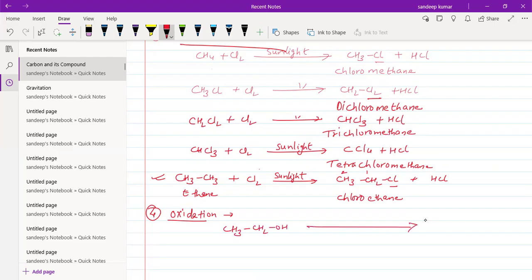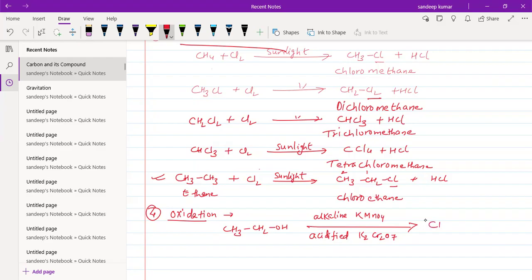The condition is an oxidizing agent like alkaline KMnO4, a very good oxidizing agent, or acidified potassium dichromate, K2Cr2O7. Hydrogen is removed and oxygen is added. They provide the nascent oxygen.